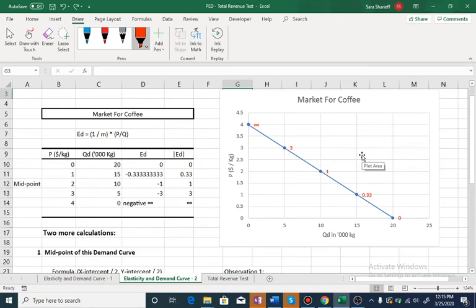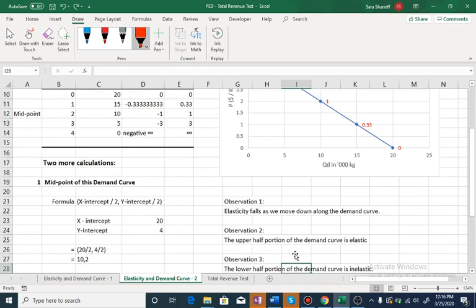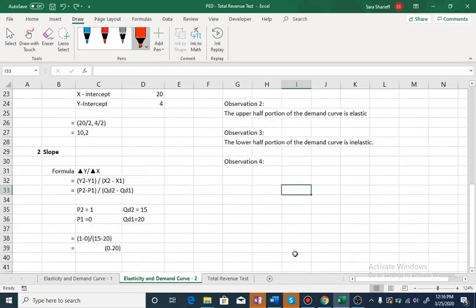So in case some of you are thinking, what is the intuition behind this? Why does elasticity fall as we move down along the demand curve? This is because at higher prices we are more responsive to a price change. At lower prices we are not very responsive to a price change, right? For example, let's suppose that every Sunday I take my breakfast in a restaurant located near my house.